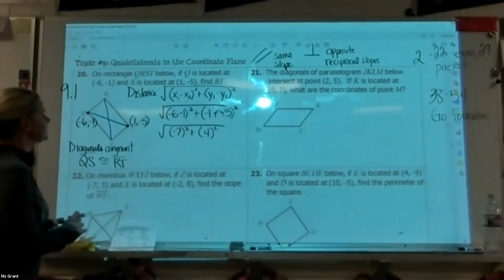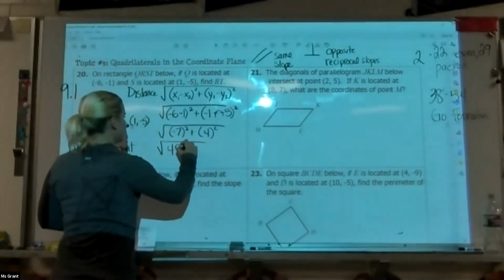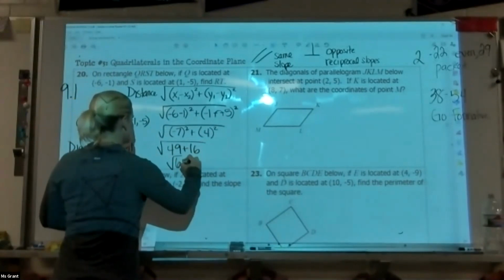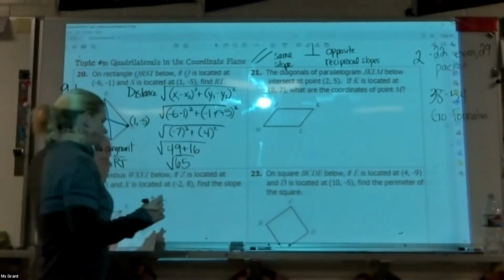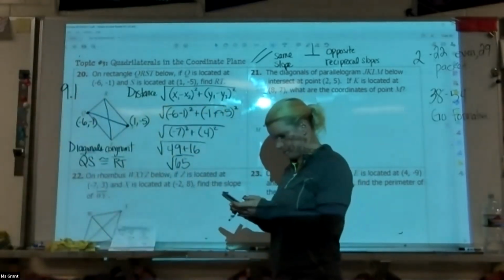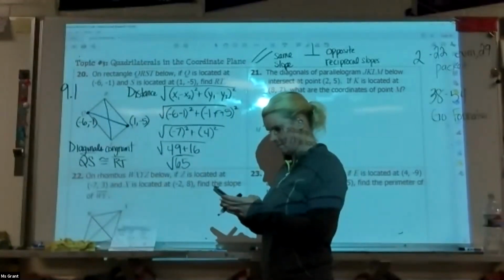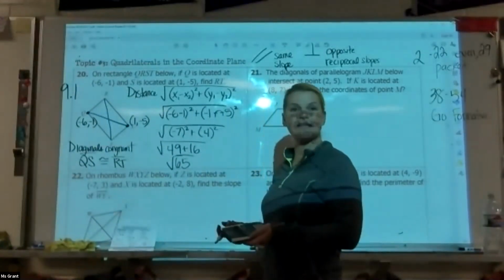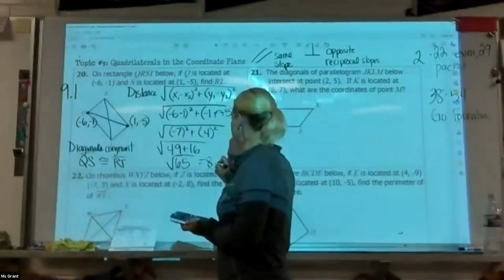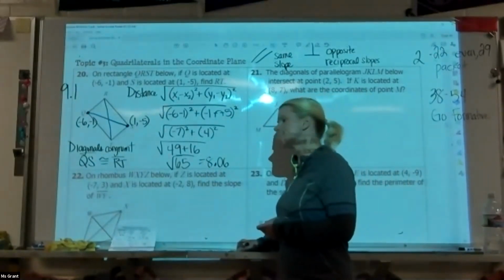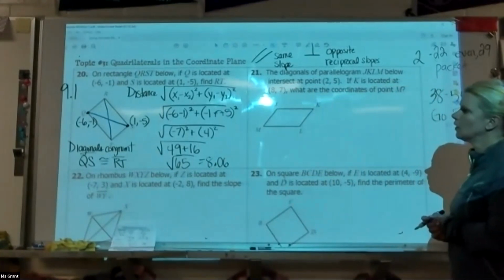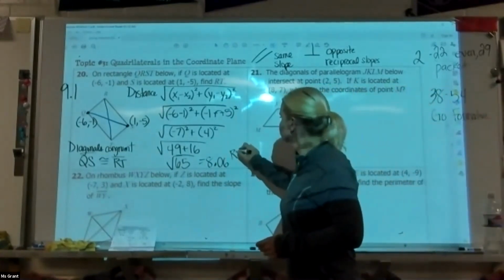So the distance is going to be the square root of 49 plus 16, the square root of 65. Well, 65 is nothing special. So if I wanted it in decimal form, it's like 8.06. RT is 8.06.